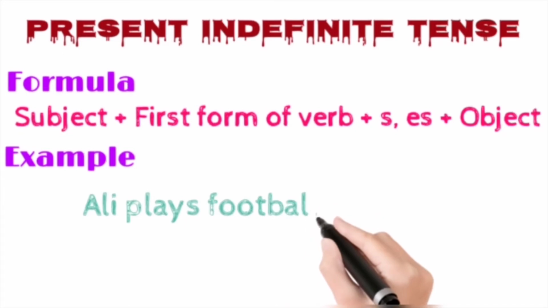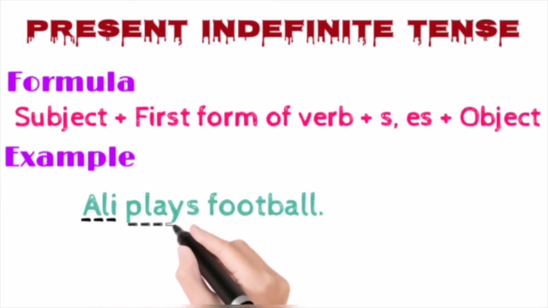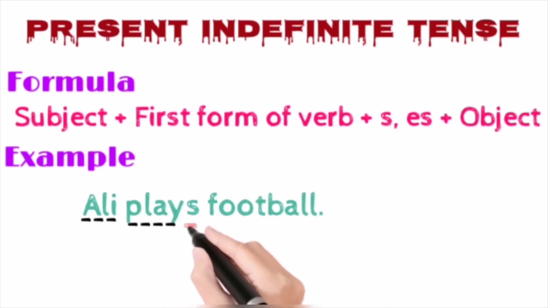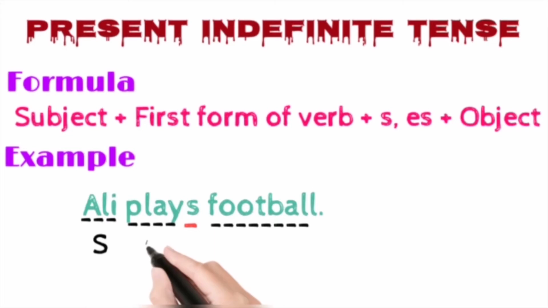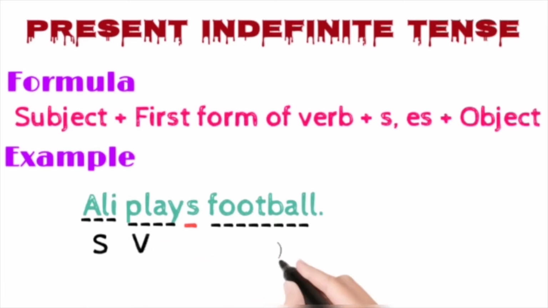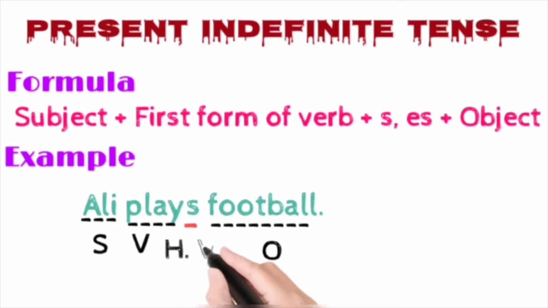Here Ali is doing the work. Plays means something happening, and s is the helping verb. Football is the object. So Ali is the subject, play is the verb, and s is the helping verb.